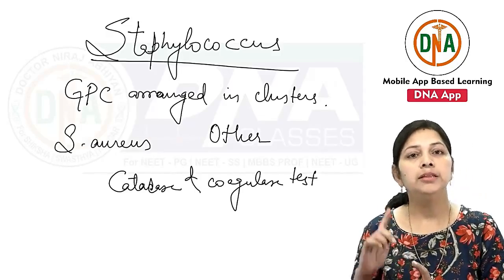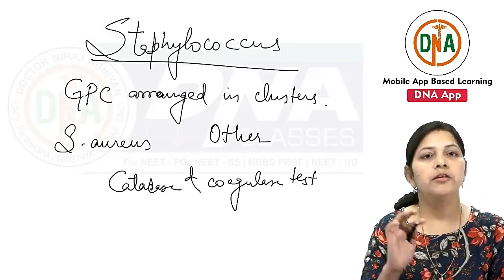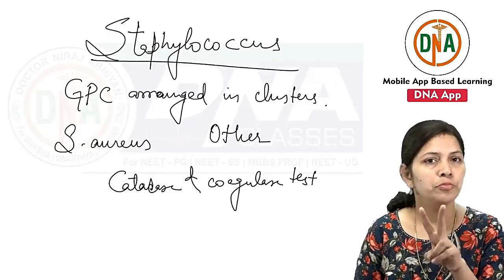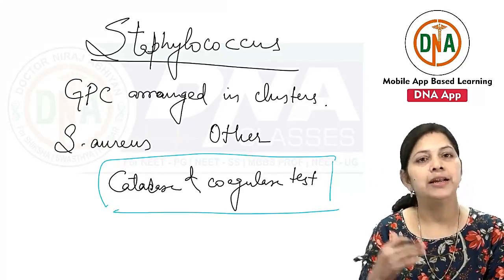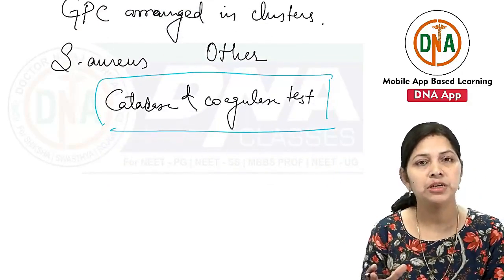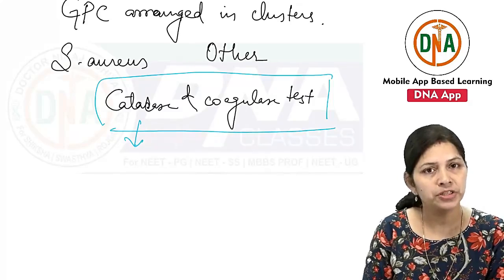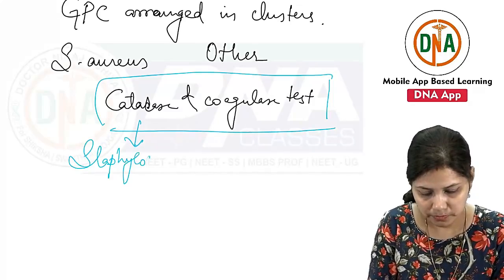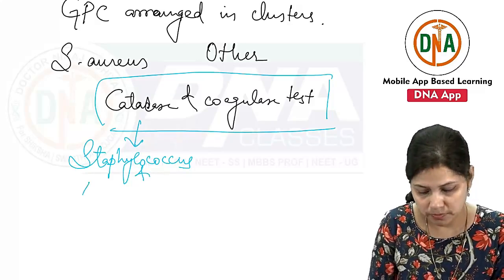Okay, so in the last class we have also talked about this, that whenever we come across a gram positive cocci, we have to start with 2 important biochemical tests. First is the coagulase test and the second is the catalase test. So now we know, because we have completed the biochemical test for identification of bacteria. So catalase is used to differentiate between the Staphylococcus and Streptococcus.